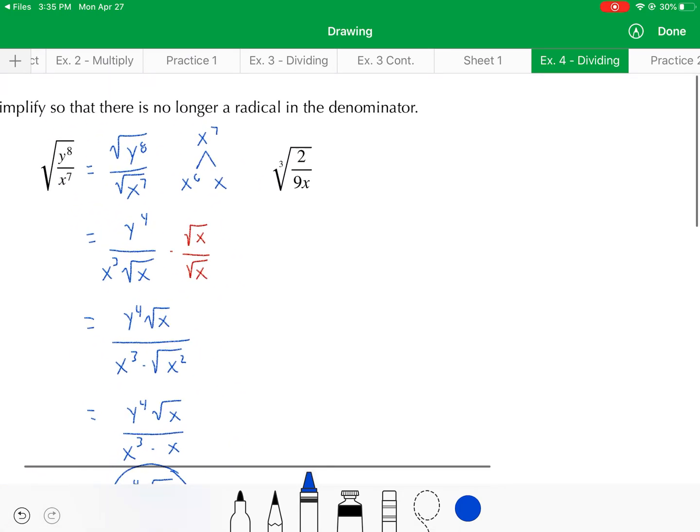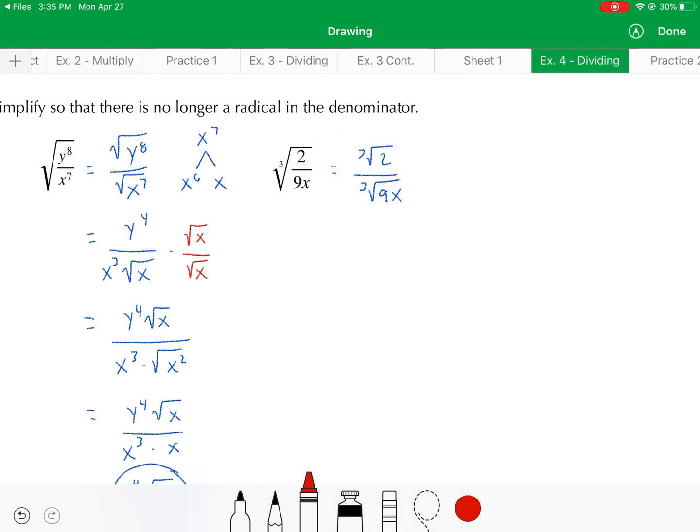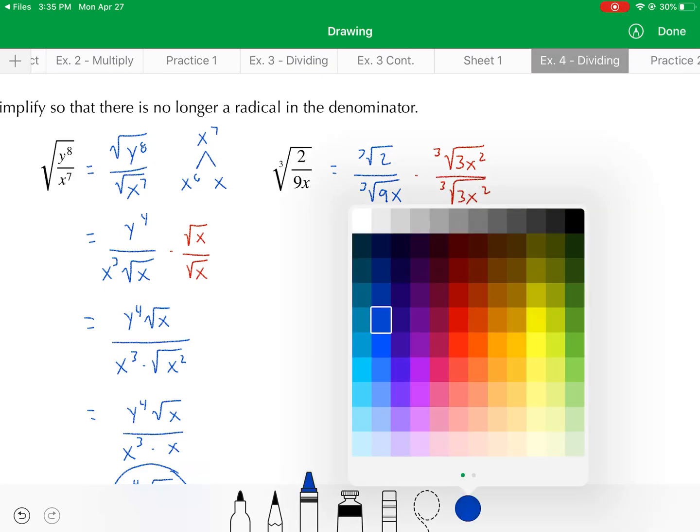All right, last one here. Notice this one I have a cube root. Let's break this up. Cube root of 2 over cube root of 9x. Okay, think about what you can multiply 9x by that's going to make it into a perfect cube. The simplest would be, let's use cube root of 3x squared over cube root of 3x squared.